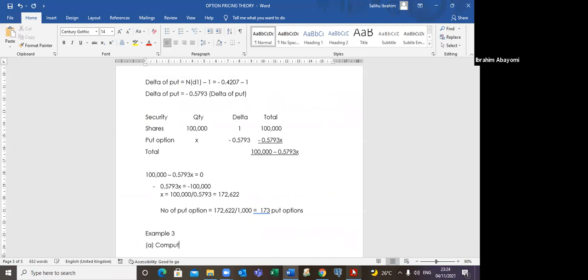Computation, this is how we start it. Computation of the price of 500,000 put option. Price of 500,000 put option.